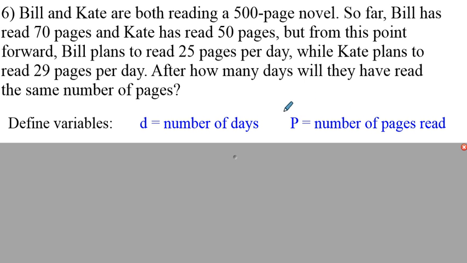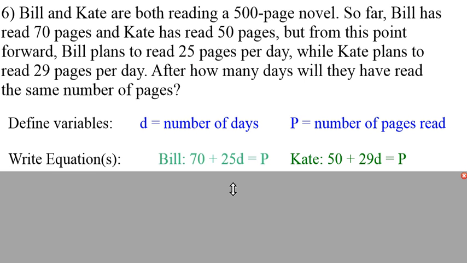For Bill, the number of pages read, P equals 70 plus 25 pages per day, 25D. Kate, for her equation, P equals 50 plus 29D, right? 29 pages per day.